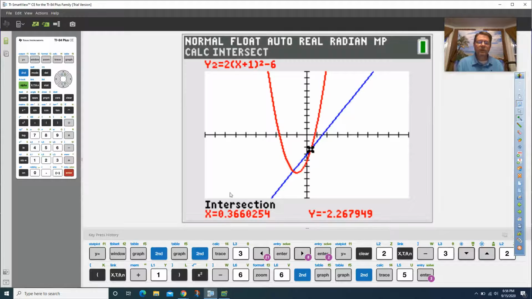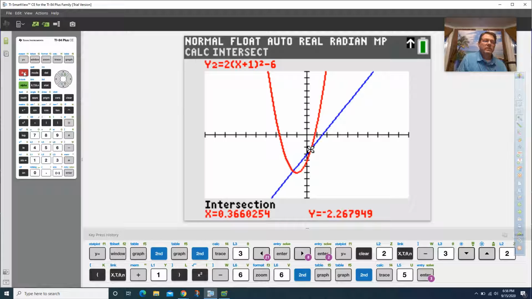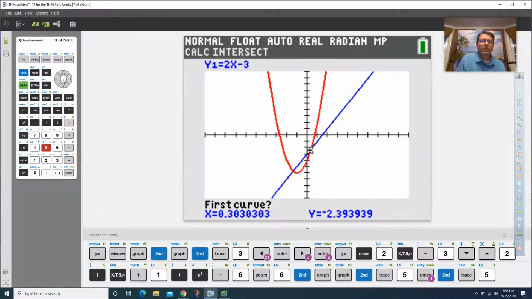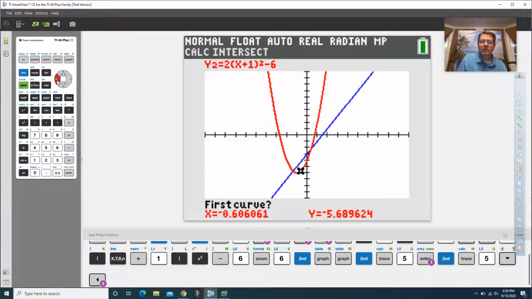So go back over here and calculate. Hit second, calc, 5. But before we do anything else, I'm going to hit the down arrow here and jump over to the blue line. Oops, okay, that's fine too. I'm closer to the other intersection, and now it should jump just right.